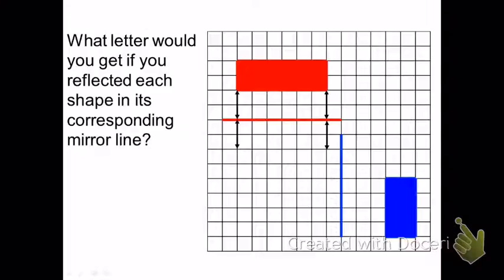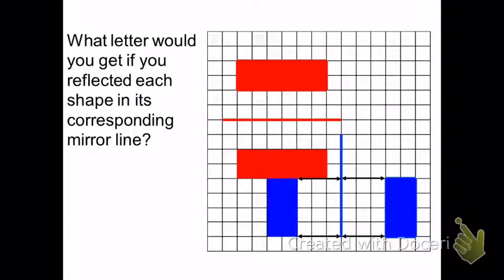Two away. We flip it over. We could use a piece of patty paper, that this is where it would end up. Can you visualize where the blue one would be? So 3 across, 3 across. We flip it over like a piece of patty paper, we get the letter T.